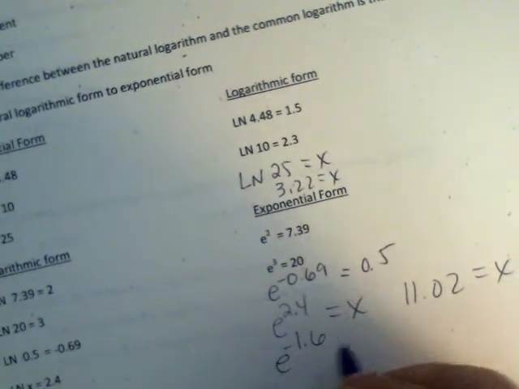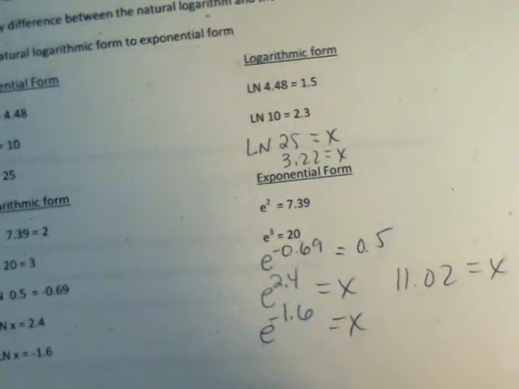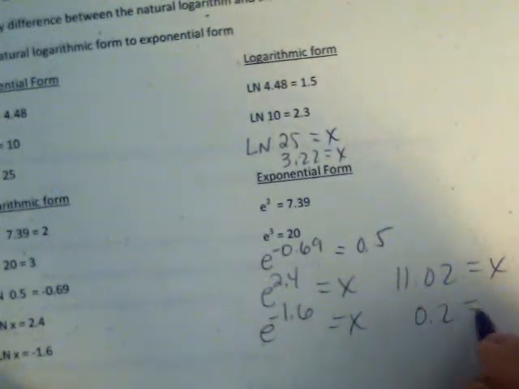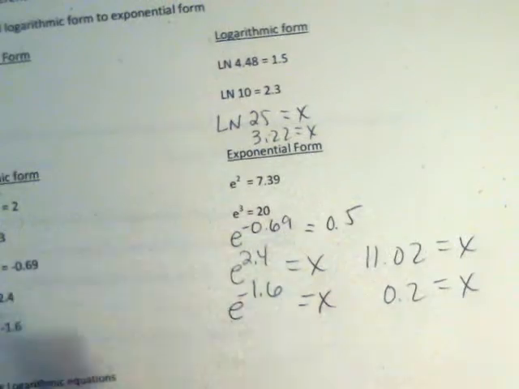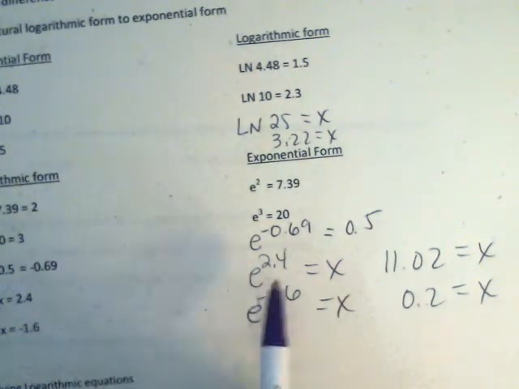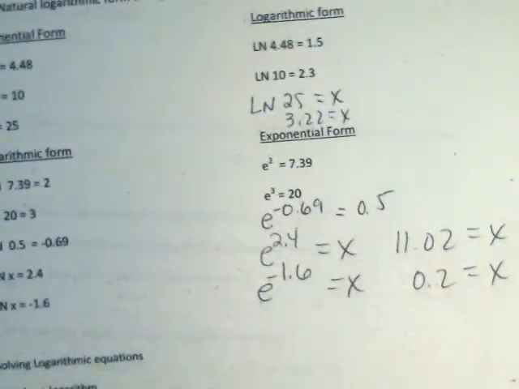So e to the negative 1.6 is x. Find out what e to the negative 1.6 is, and I get 0.2. Okay, so these are the basic logarithms you can solve for. But even when you get to the more difficult ones, you just have to remember to change from one form to the other.